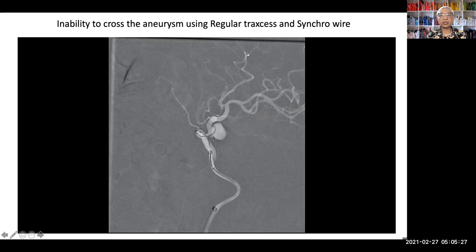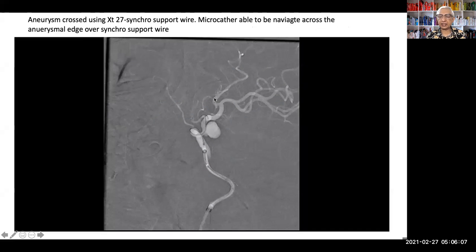Finally, not sure of what we should do again, we actually went ahead and used the Traxxas, not the Traxxas, sorry, the Synchro Support. Now, the Synchro Support, as you know, was given to us for evaluation primarily for the use of a large bore device like the Navion itself or even a large suction catheter.